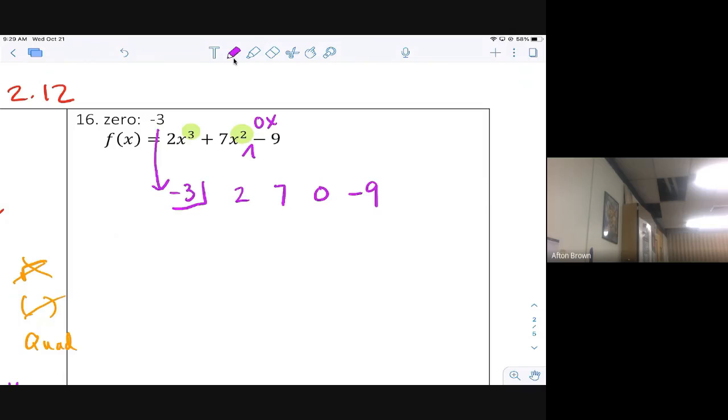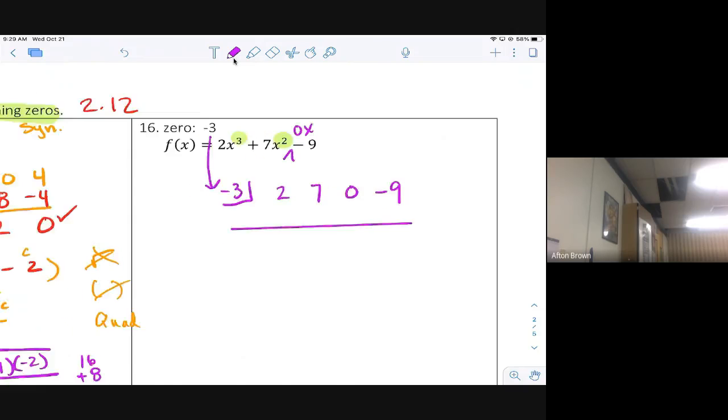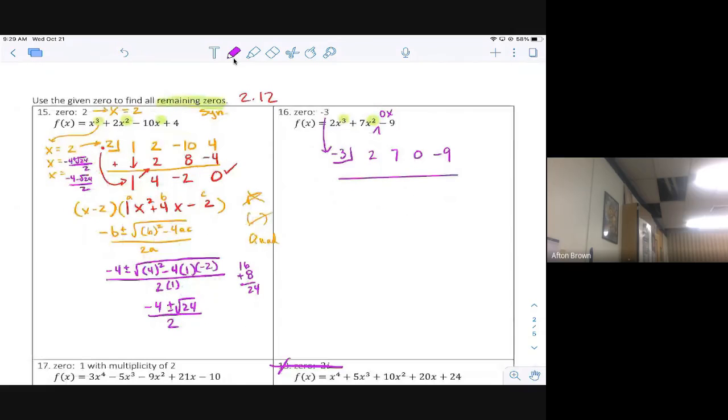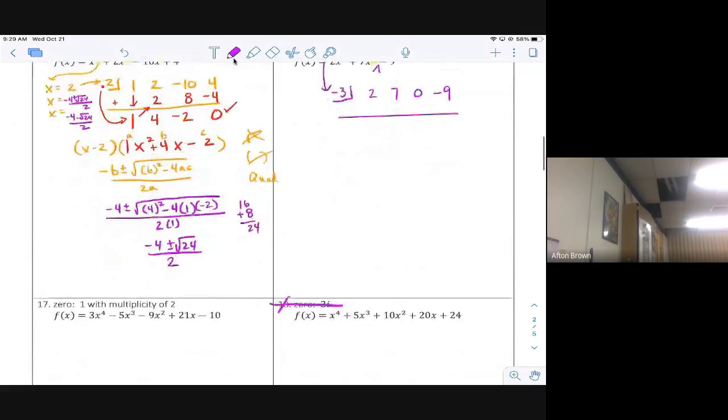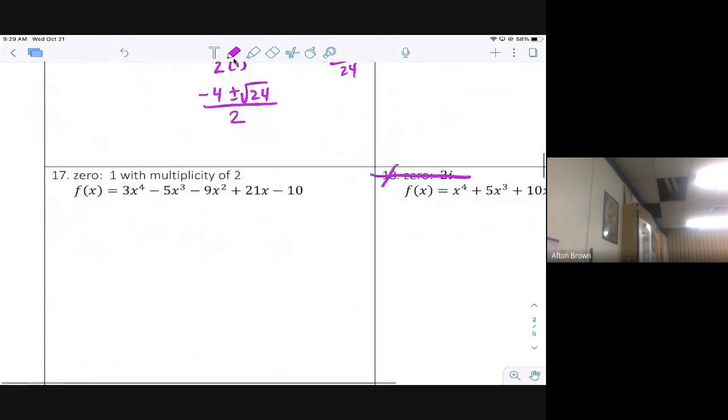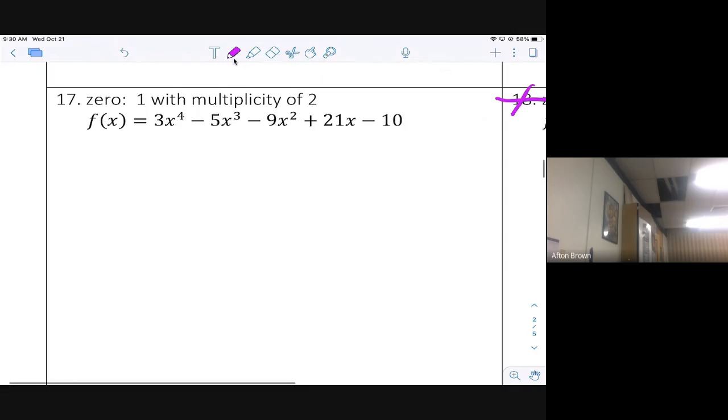Then come back to this one after we do 17, which is worth our time making sure we get through together. You'll finish 16. When you get the quadratic, you're not going to have to use the quadratic formula. It's going to be factorable, so it's easier than the last one.